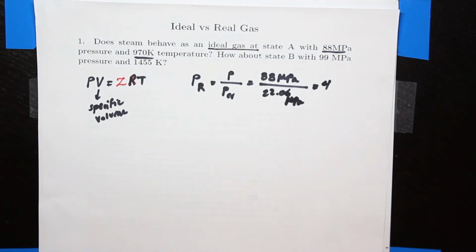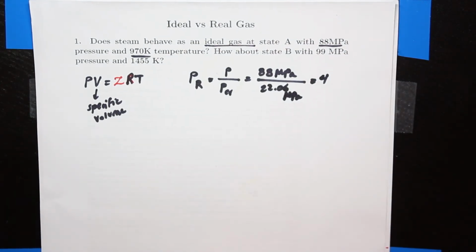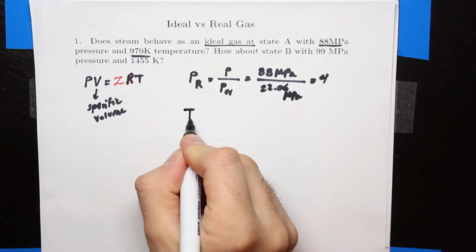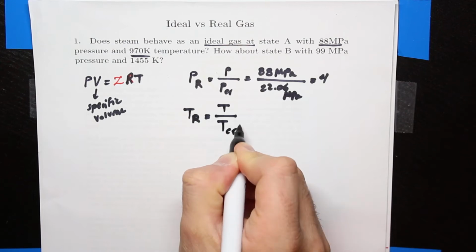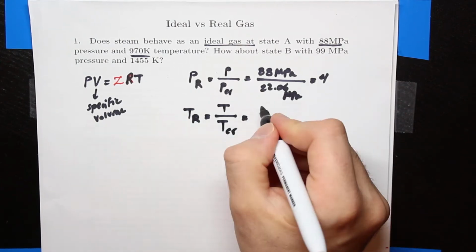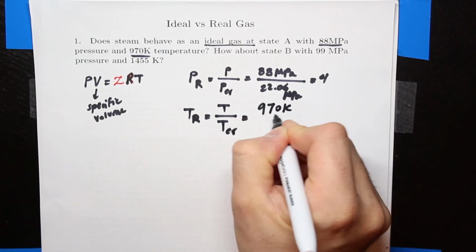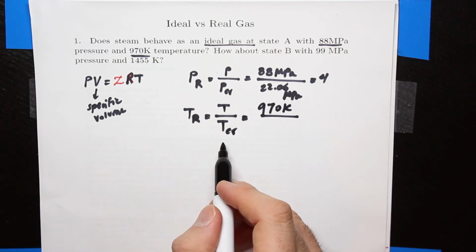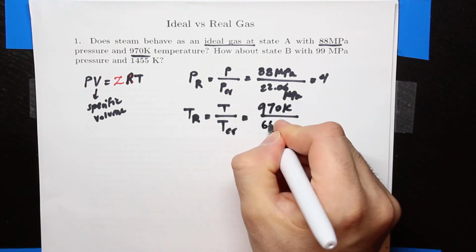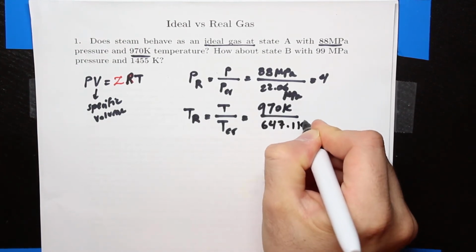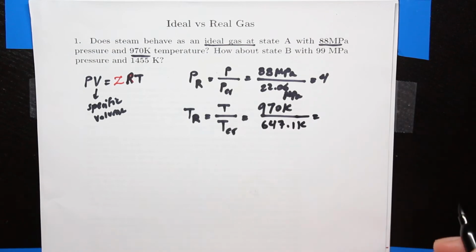Now you do the same calculation to obtain T_R, the reduced temperature, which is the temperature over the critical temperature. The temperature is given as 970 Kelvin. The critical temperature comes from the same table, where you read 647.1 Kelvin for water.